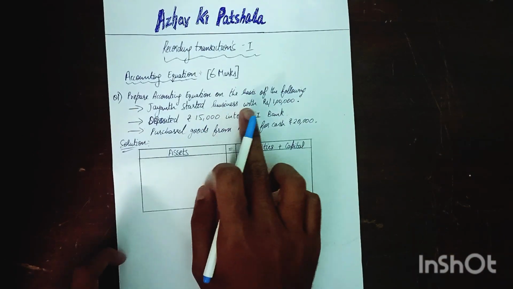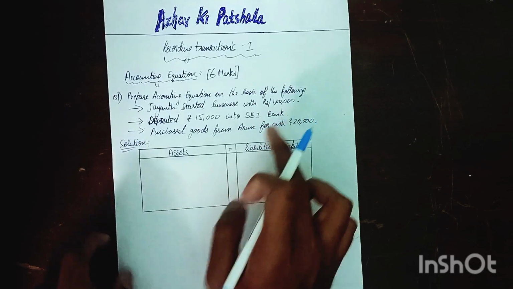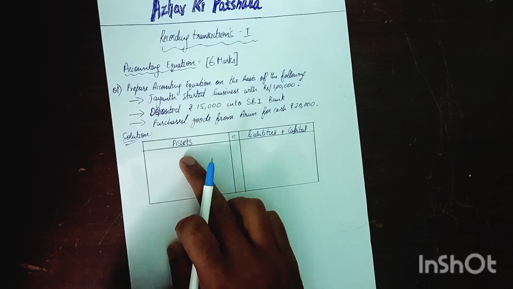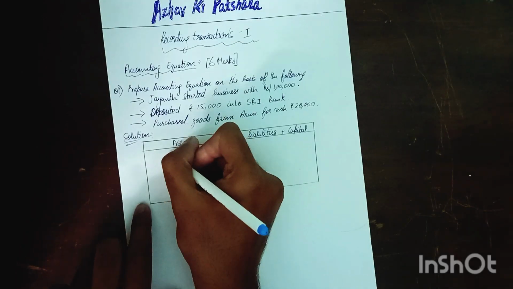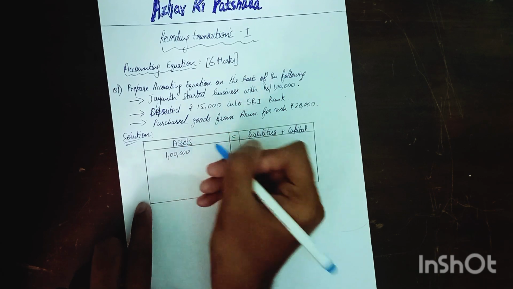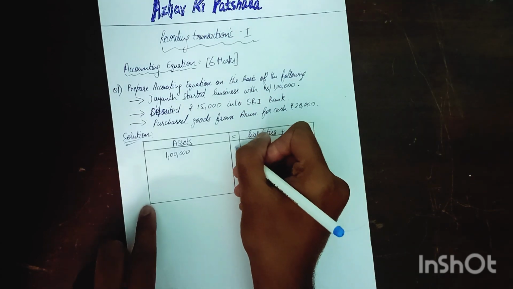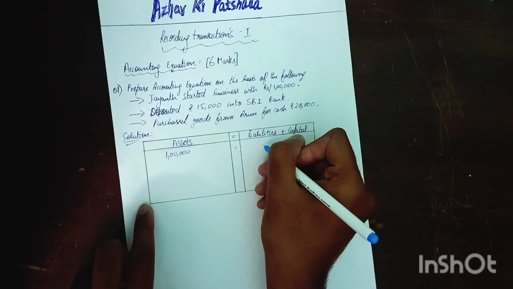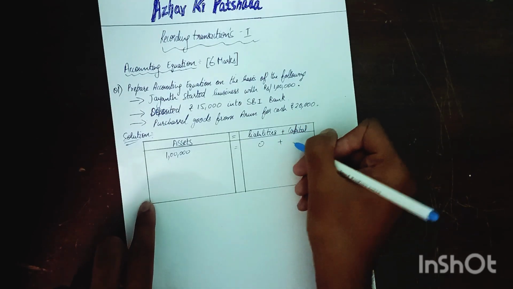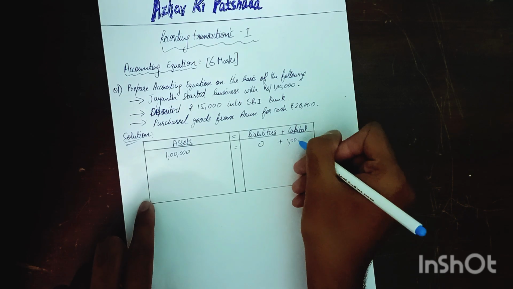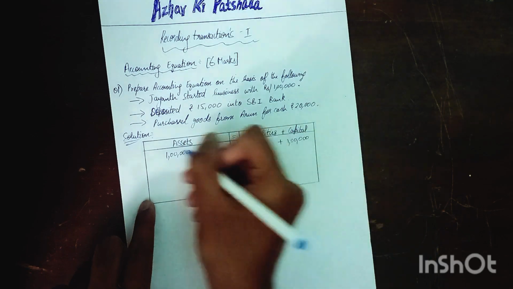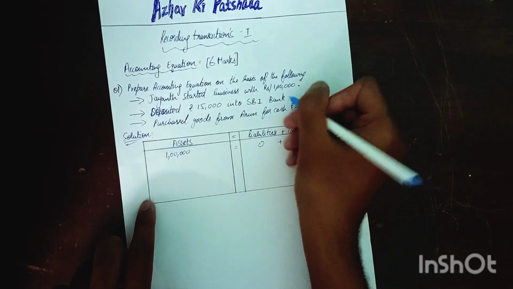Jayan started business with rupees 1 lakh. So first we are going to write assets. In assets we are going to write 1 lakh, is equals to liabilities. What are the liabilities? Liabilities are not given, so we write 0. What's capital? 1 lakh. The capital is 1 lakh and assets is also 1 lakh.